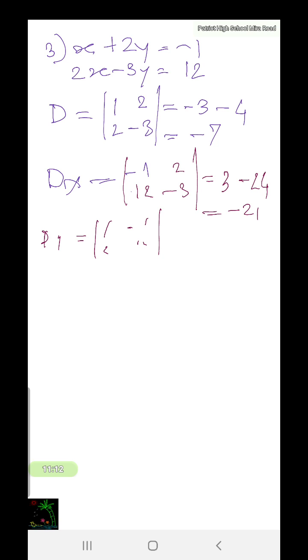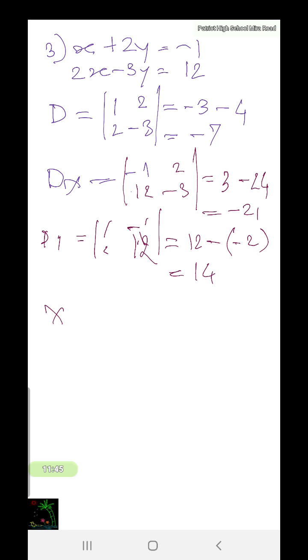So this will be 1 into 12 is 12, minus of minus 1 into 2, so it will be minus of minus 2, so it will be 12 plus 2, which is 14.